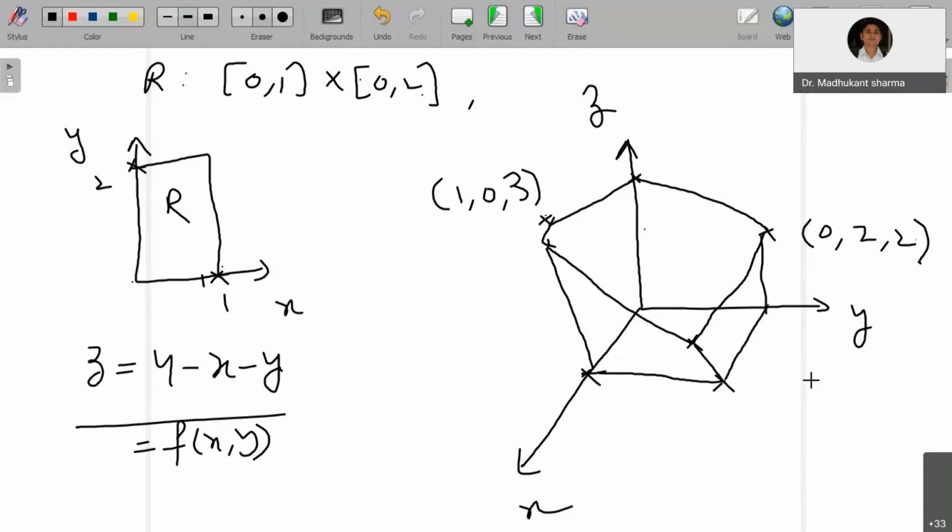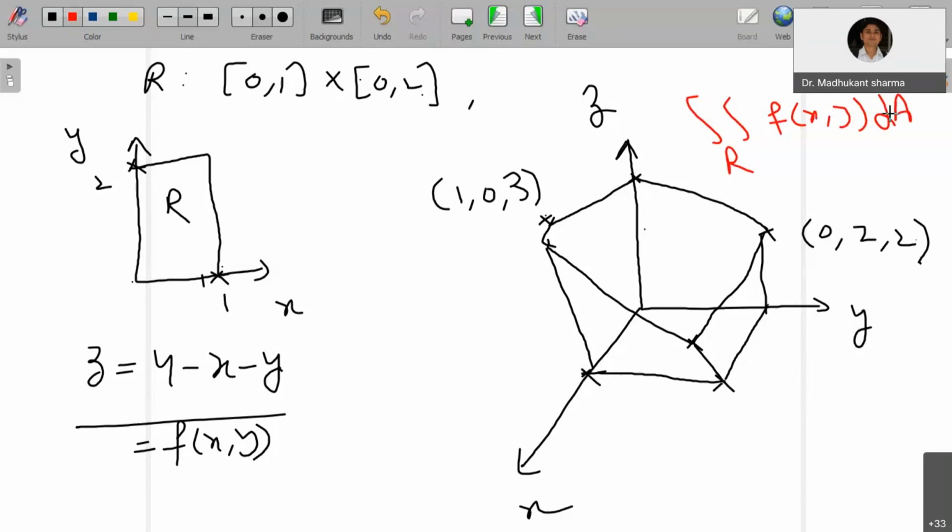Now I'm interested in finding the volume of this solid. As we have discussed, that's going to be the double integral over R of f of x comma y dA.